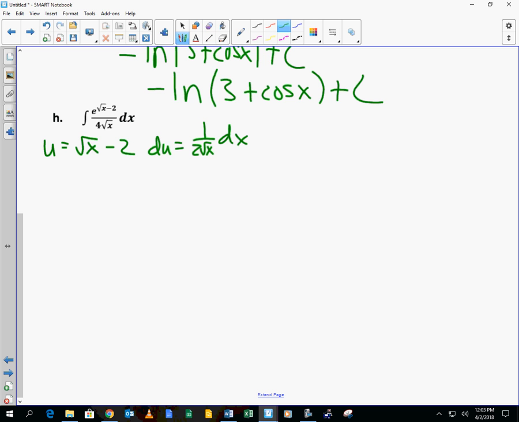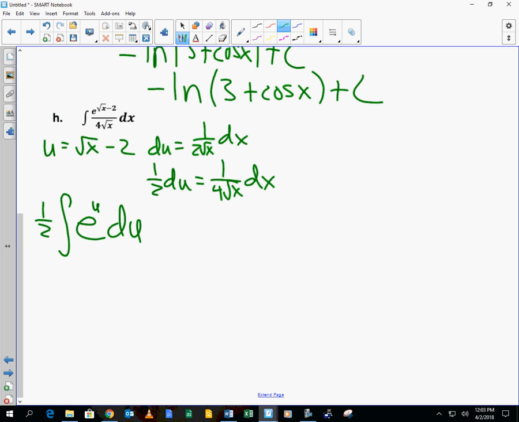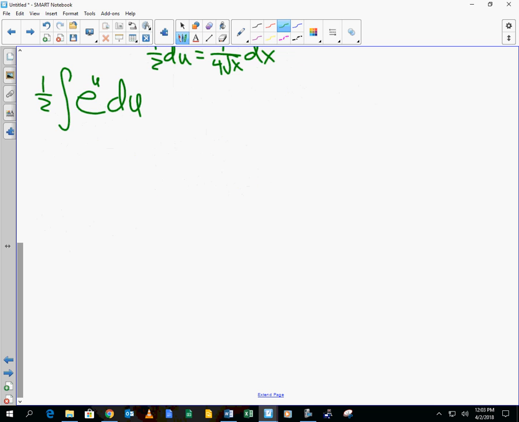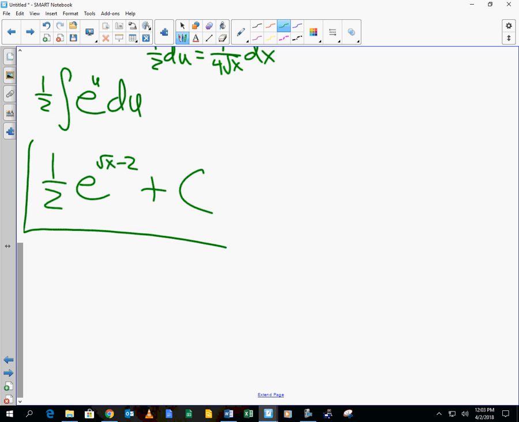So I'm going to multiply by 1/2: 1/2 du is equal to 1 over 4 roots of x dx. I have 1/2 integral of e to the u du. Antiderivative of e to the u, e to the u, so 1/2 e to the root of x minus 2 plus a constant. Piece of cake, upside down.